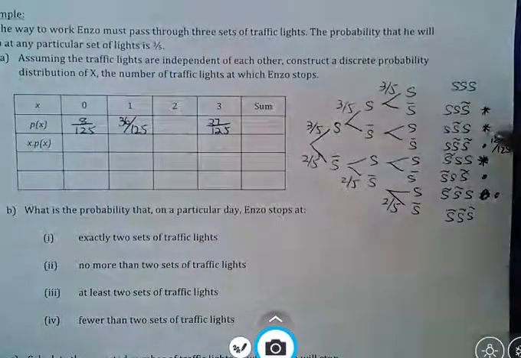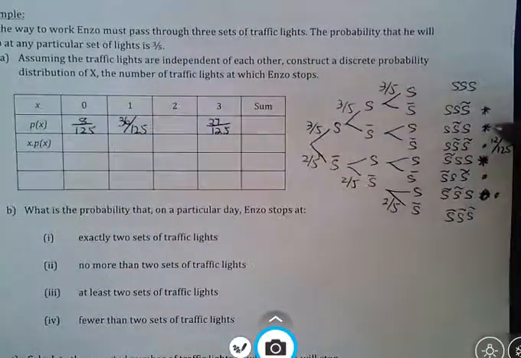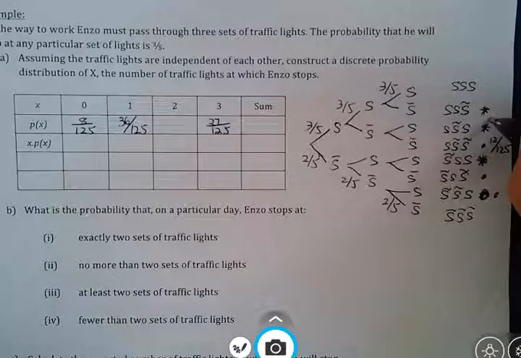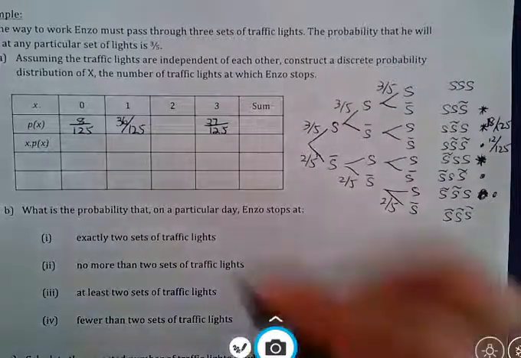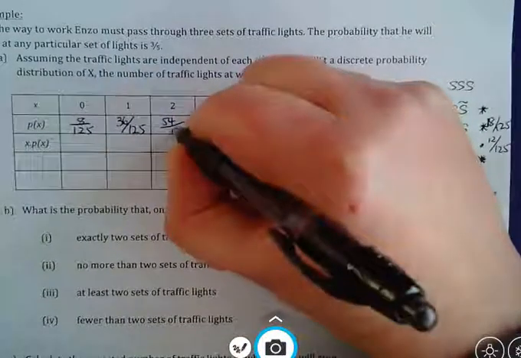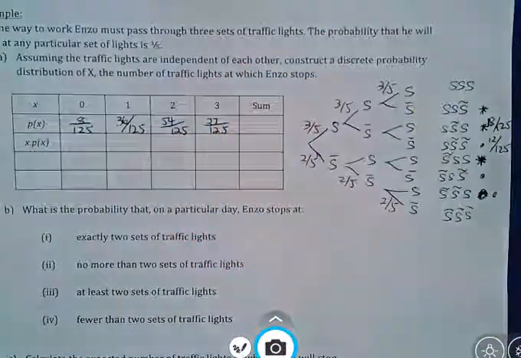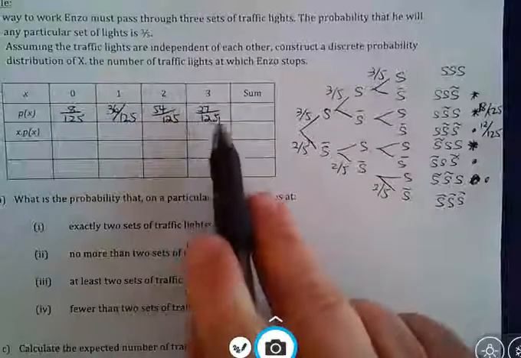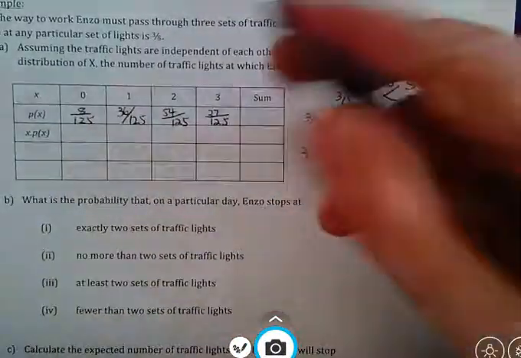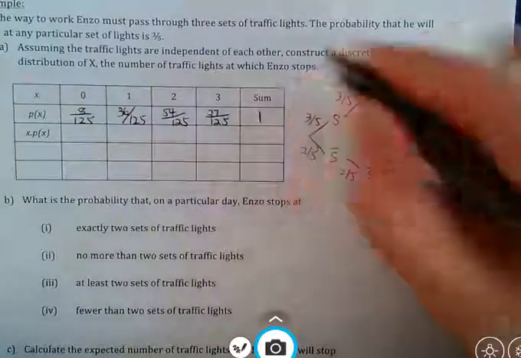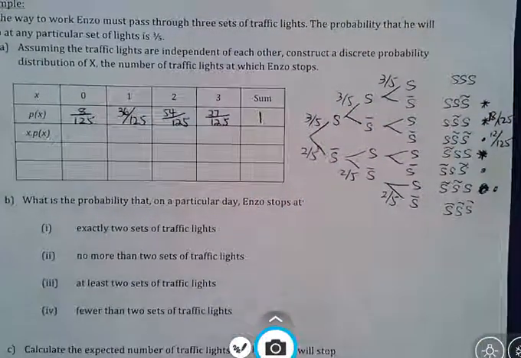And stopping twice would be, with the asterisks, we'd have 3/5 times 3/5 times 2/5. That would give us 18 over 125, and we've got 3 of those, so that would be 54 over 125. Now we need to see that the sum of these probabilities is 1. And if we add all these probabilities together, we get 125 over 125, which is 1.